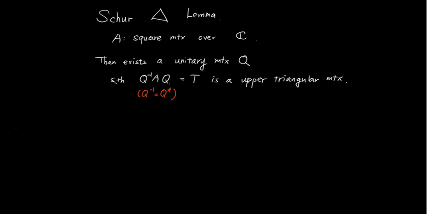So as long as you can make it upper triangular, you will get all the eigenvalues at once. Now let's pause for a while and think about why we need the complex numbers. What happens if the matrix is over real numbers?